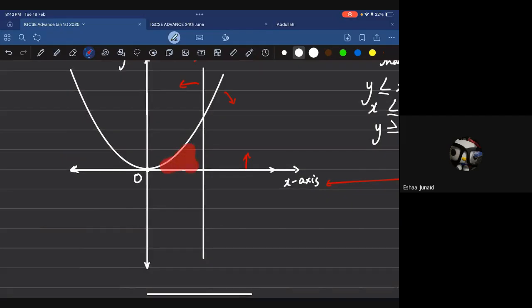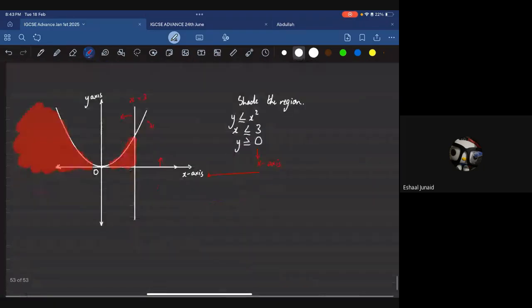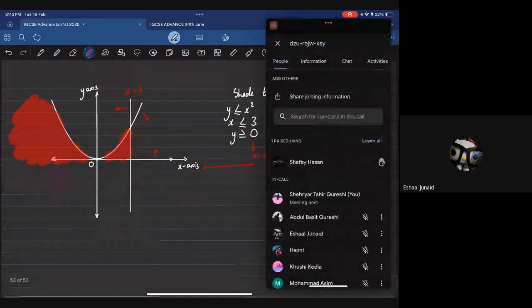So this is also going to be included because it's towards the left and everything. But where did I say that you have to stop at this point? I told you left of this side, below this line and above this. So this area is going to be included too. Clear? Anyone who does not get this at all? Yes, Shafi, you've got your hand up.